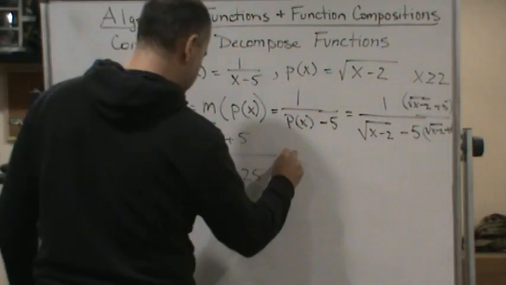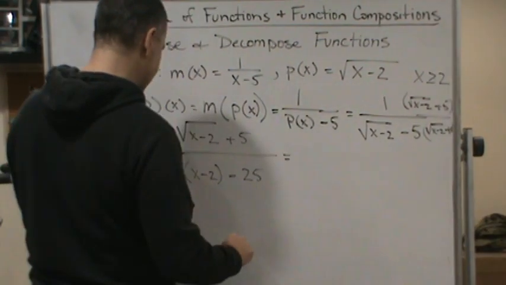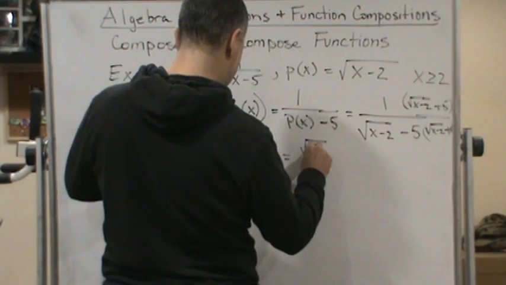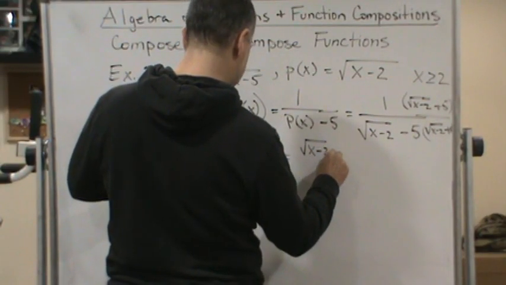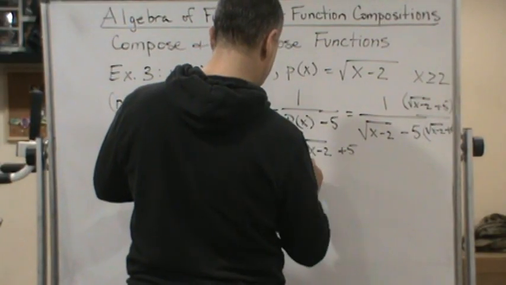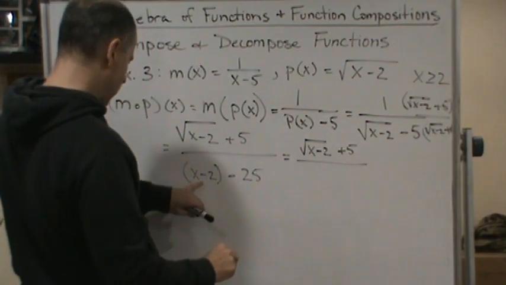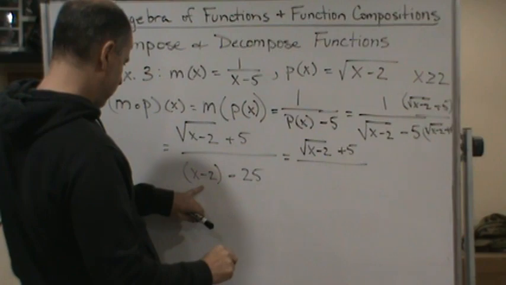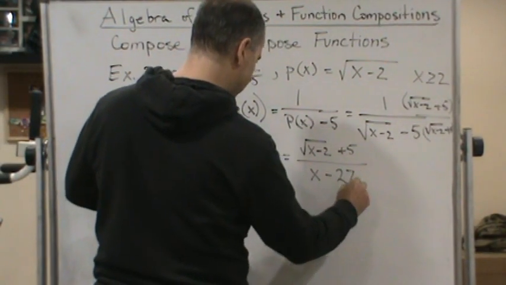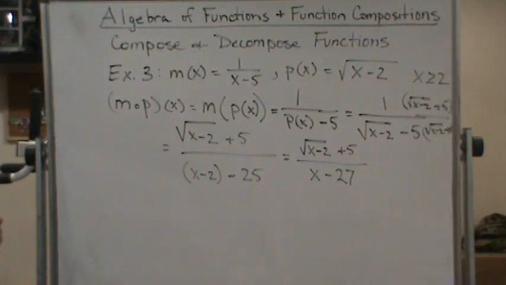And so now if I simplify this, I get the square root of x minus 2 plus 5, all over x minus 27. And lo and behold, what can I not have as my x value?